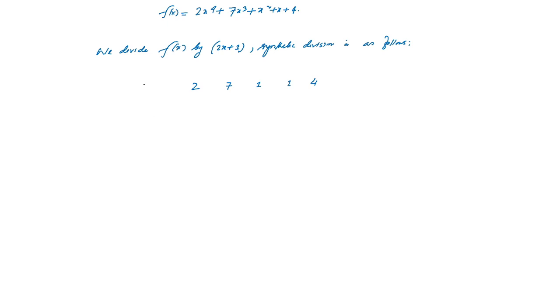So alpha is here minus half. So 2 is here. Minus half into 2, that is minus 1. 7 plus minus 1, 6. Minus half into 6, this is minus 3. 1 plus minus 3 is minus 2. Minus half into minus 2, minus 1.